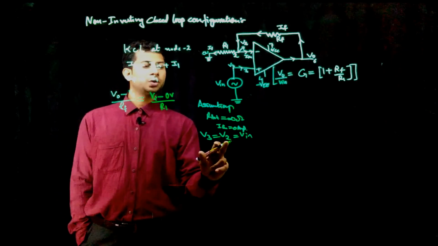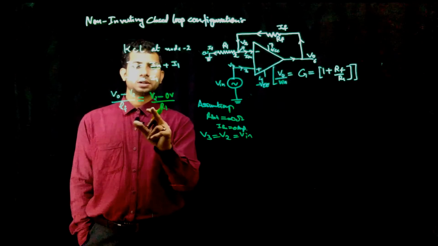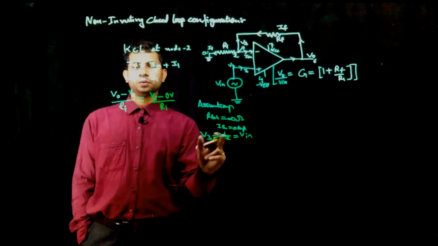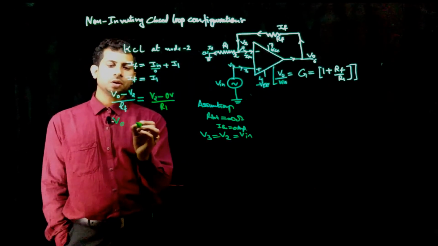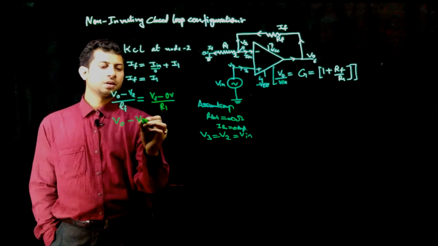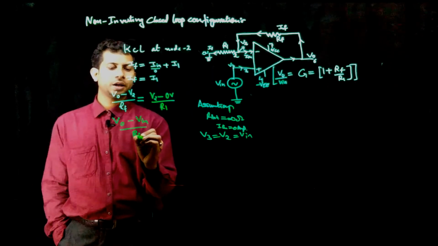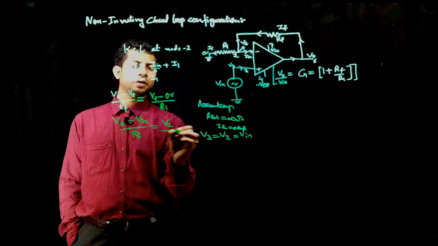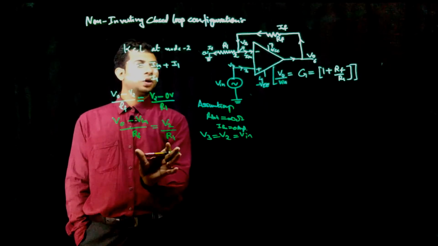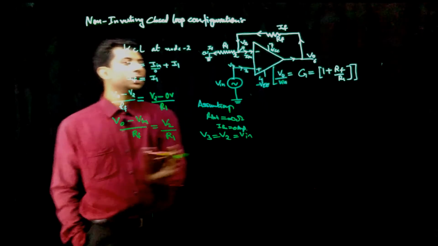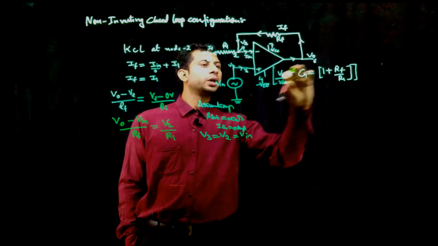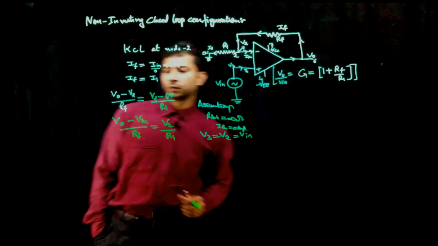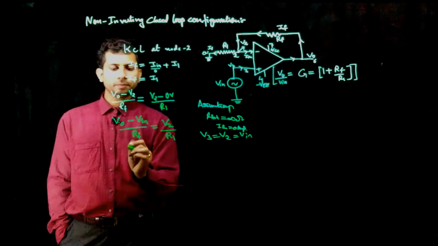And replacing this V2 voltage wherever it is in this equation with Vin, V0 minus Vin divided by Rf is equal to Vin divided by R1, and what we finally want to achieve is this closed loop gain V0 upon Vin. So we try to rearrange them.